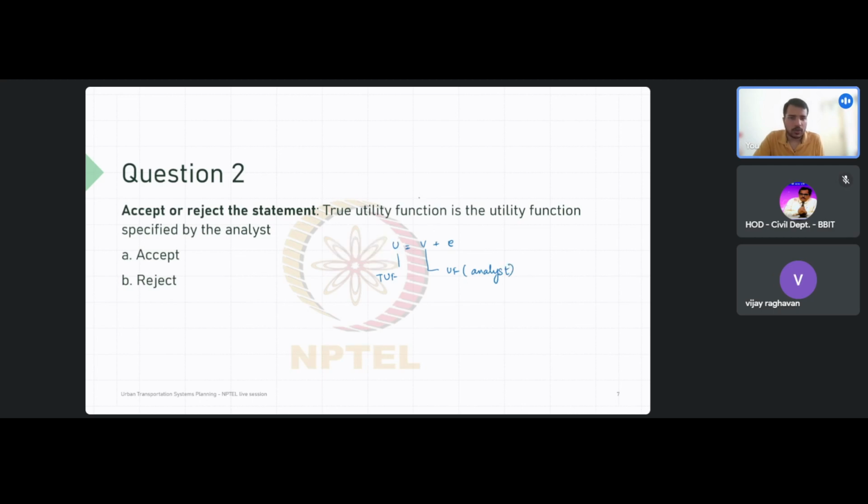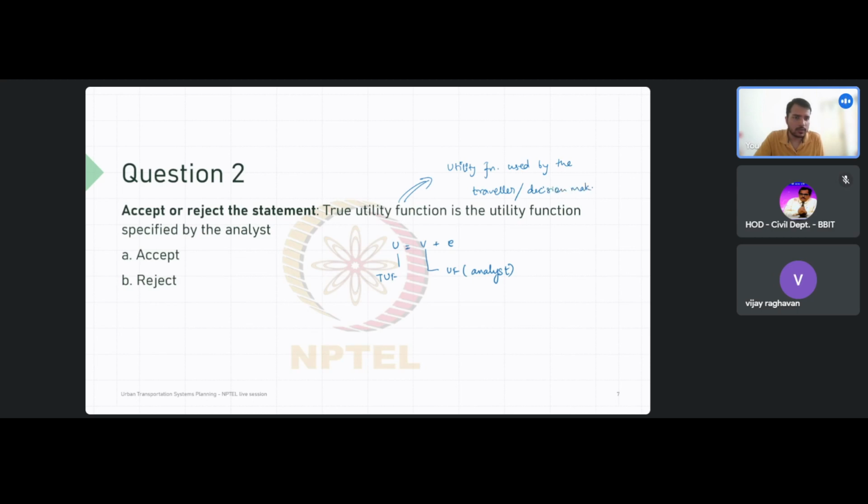So what is the true utility function? It is different from what is given by the analyst. This is the utility function which is used by the traveler or the decision maker.